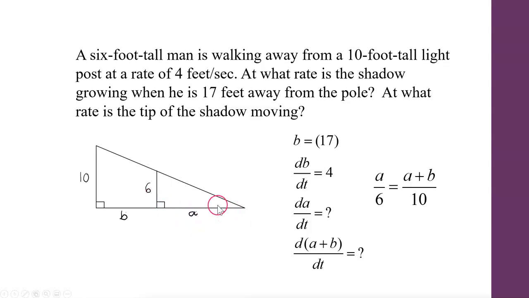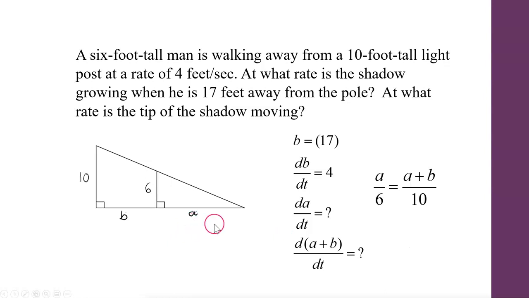So in this case, no angle information was given, nor was I asked to find any angle information. So chances are I would not need to use ratios like a tangent ratio. And I'm not using the Pythagorean theorem, even though these are right triangles, because the hypotenuse is of no interest. Right? So a similar triangle ratio in this case would be the correct way to set this up.